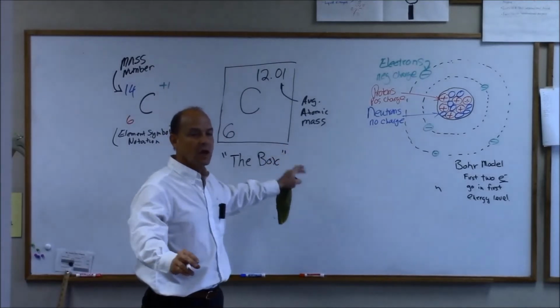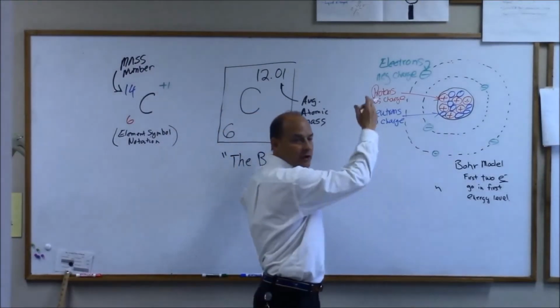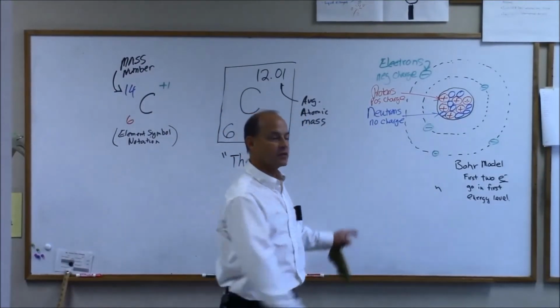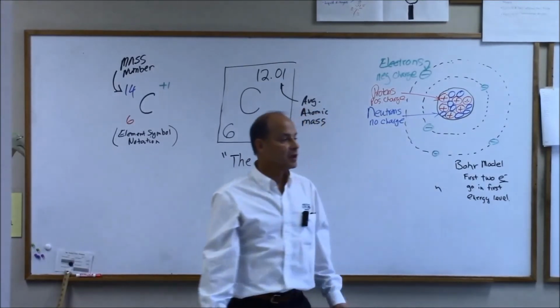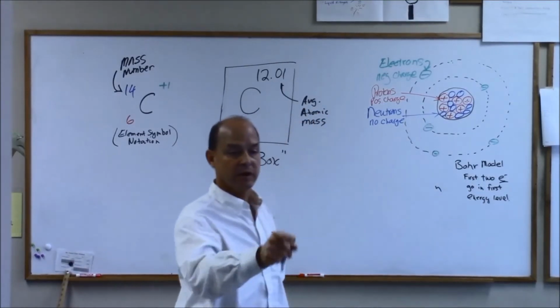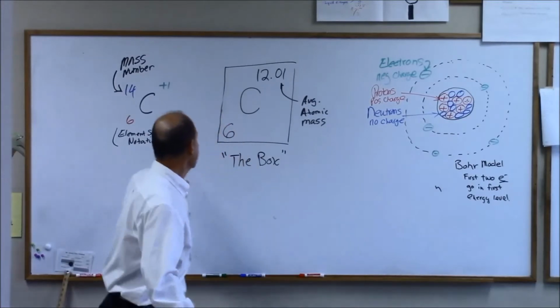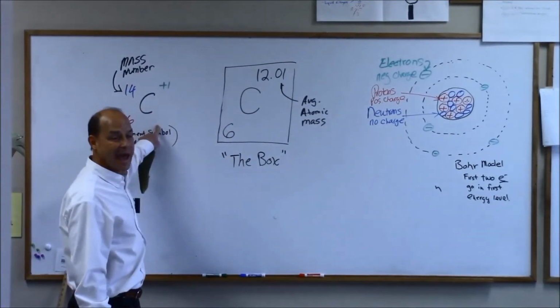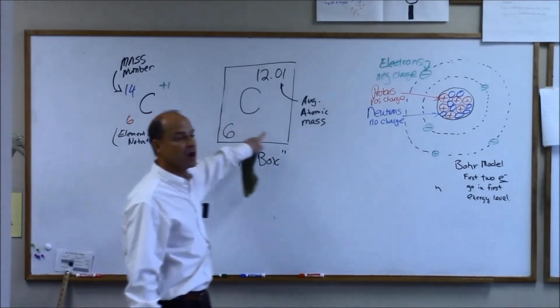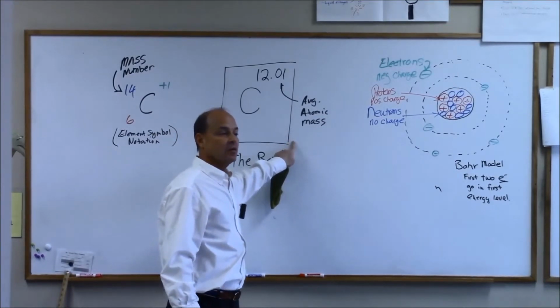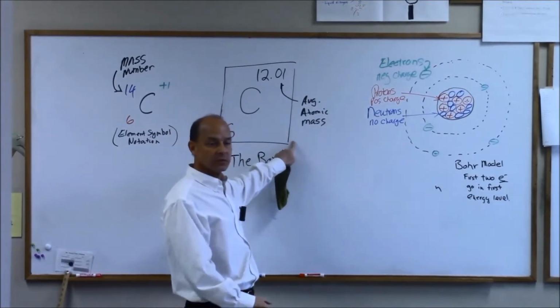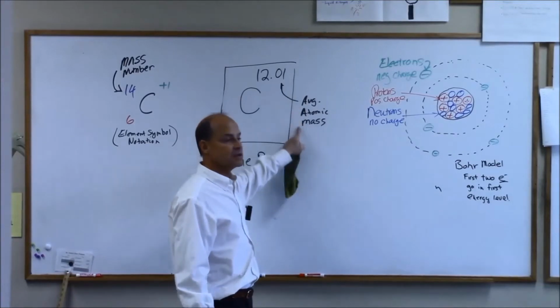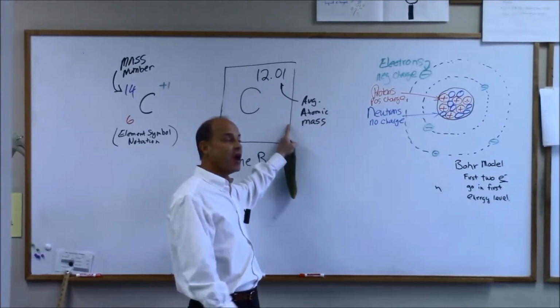In a minute, I'm going to remind you how to fill out these tables, and there's going to be a column for mass number, and I'm going to say, don't put a decimal number in there. This is talking about one particular atom. This is talking about the element which has all the different isotopes. This average atomic mass number is the average mass of all the isotopes.